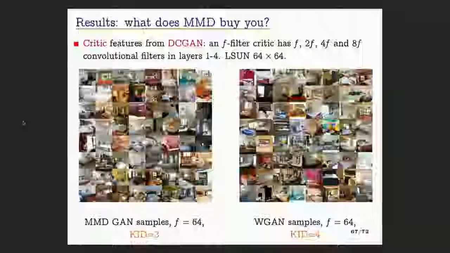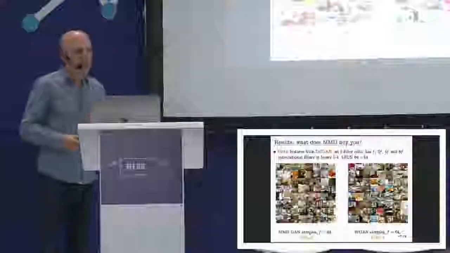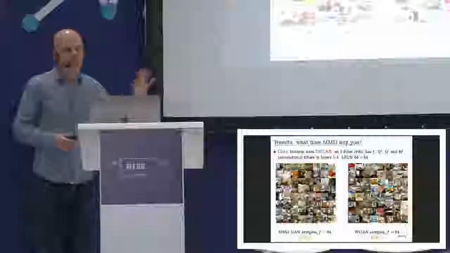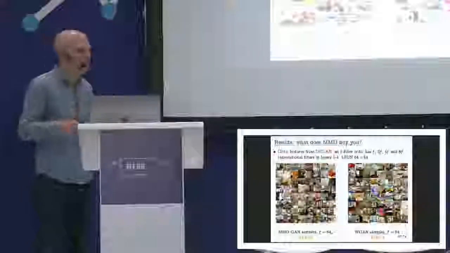So one of the things that I mentioned yesterday is, in a sense, what do you gain in using kernels on convolutional features versus just using the convolutional features and using linear combinations of them as our witness function? This is something I'm going to illustrate here using a sort of ablation approach.